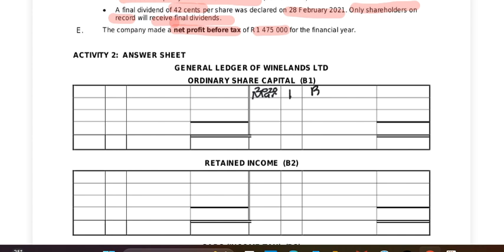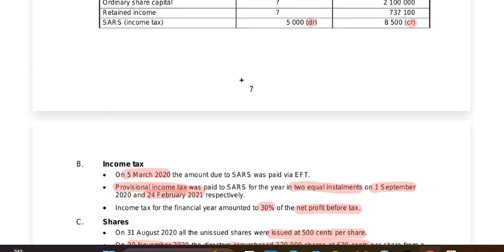Then we have our balance. That's the 2.1 million. Okay, this is taking a bit long. Okay, 2.1 million.